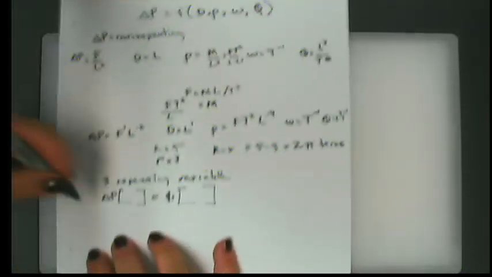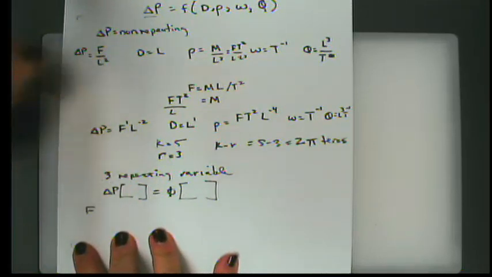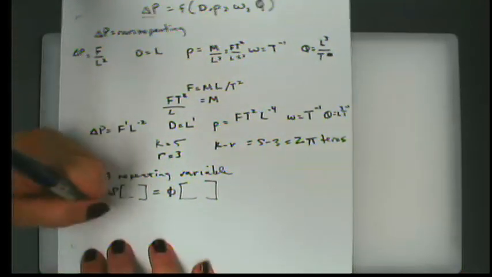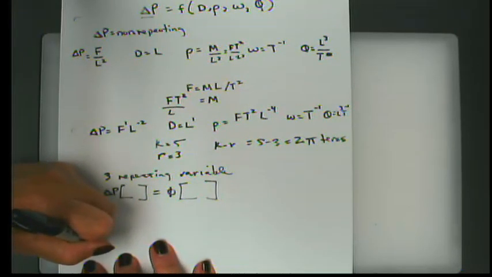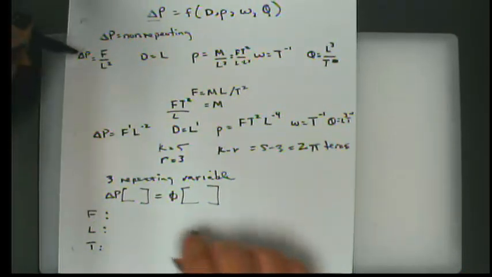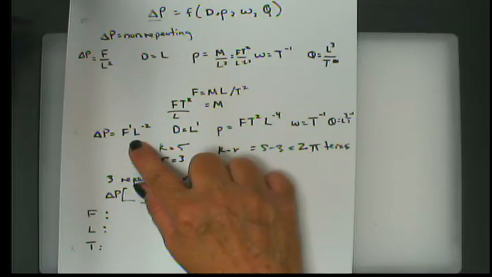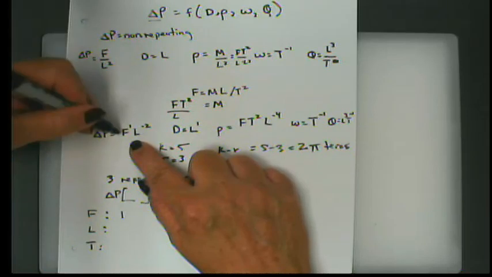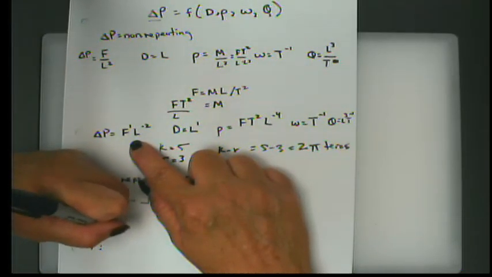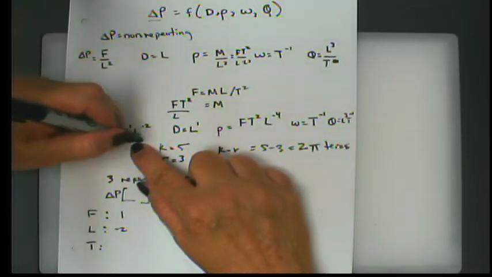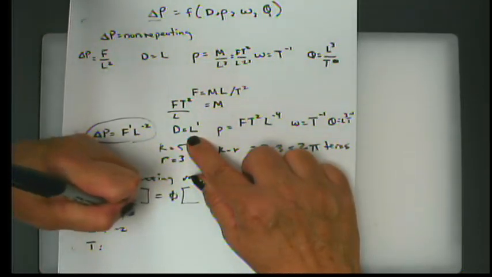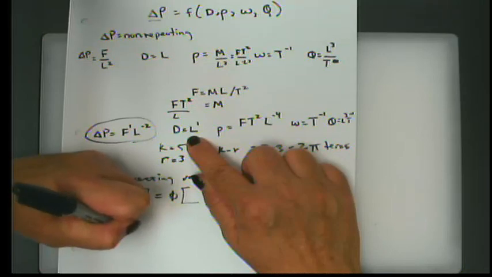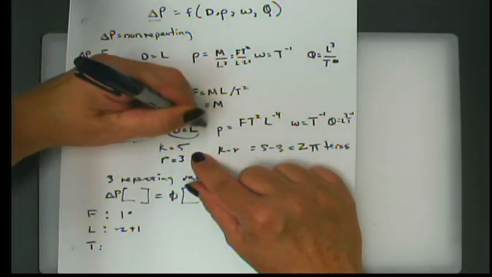All right, so let's break out our 3 reference dimensions and add the numbers together. We have force, length, and time, and we have 5 variables. For delta P, we have force at 1, length at negative 2. For D, we have length at 1.